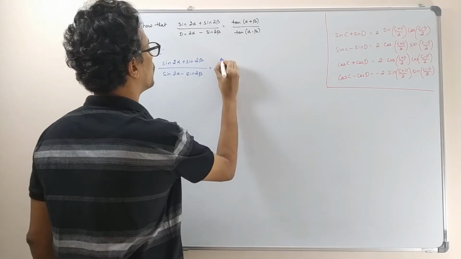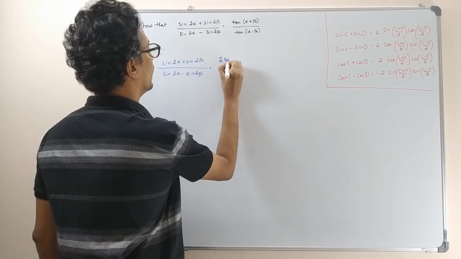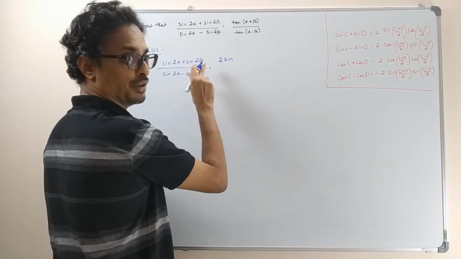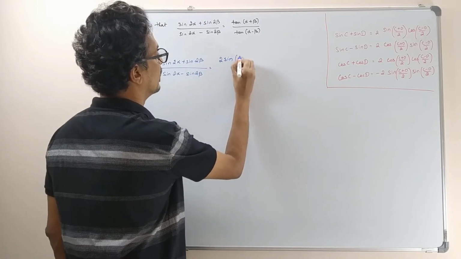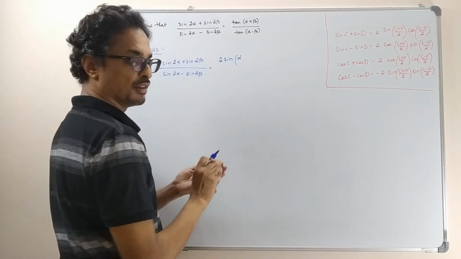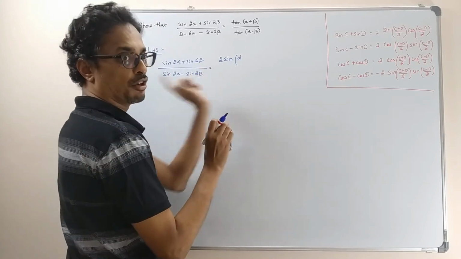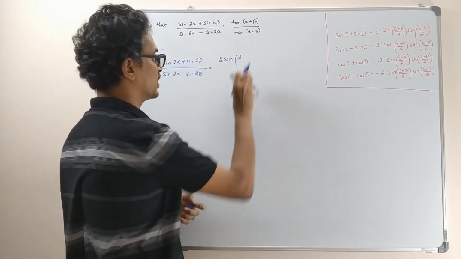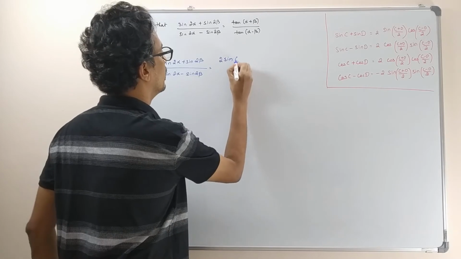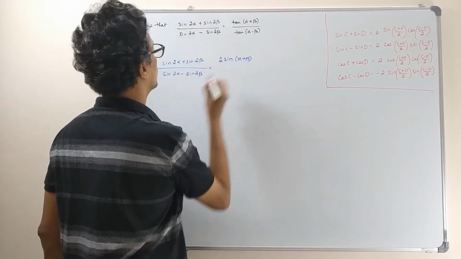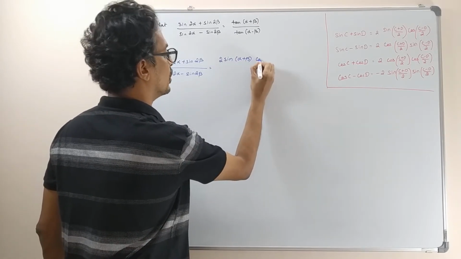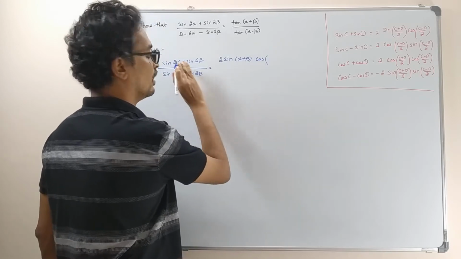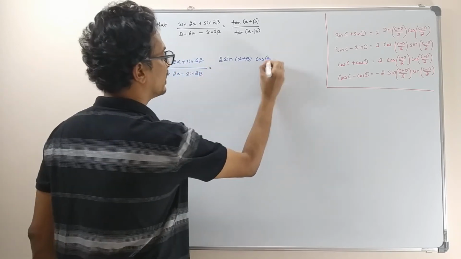So that will be 2 times sin of (C plus D) by 2. So that is alpha plus beta, am I right? Because 2 alpha plus 2 beta divided by 2 becomes alpha plus beta. So sin(alpha plus beta) into cos(alpha minus beta), correct?